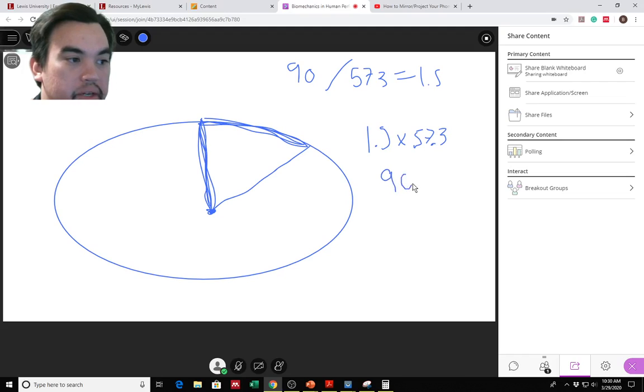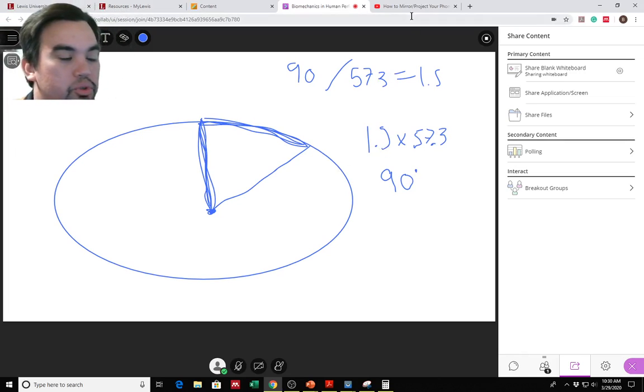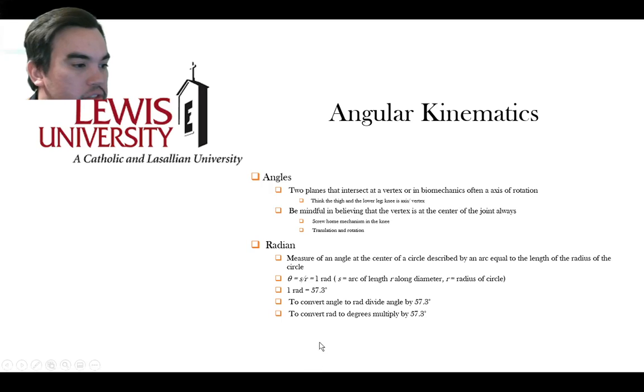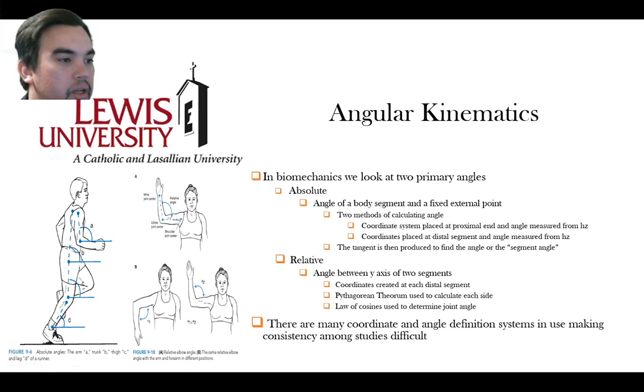Just as we're going along, radians really don't have any value to them other than that reference. They're non-descriptive. It just gives you that value. It doesn't have a distance other than that 57.3 degrees.